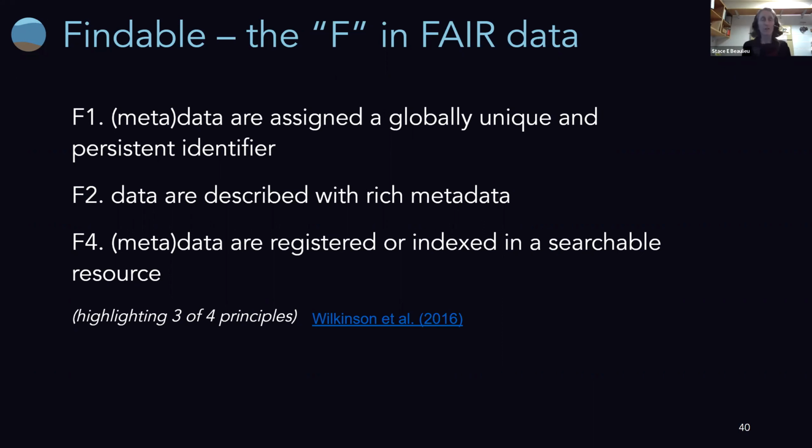The first one under findable is that data, and in many cases, the principle applies to metadata as well as data. So start with data. Data are assigned a globally unique and persistent identifier. We've already been seeing that with the DOI, the digital object identifier that we found in our homework in the demo. Data are described with rich metadata.